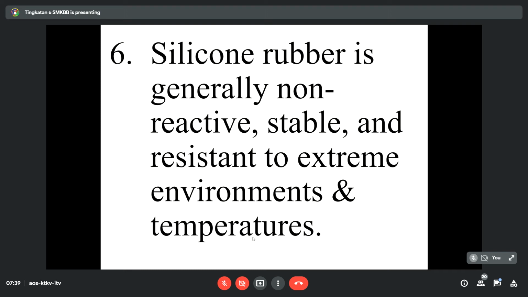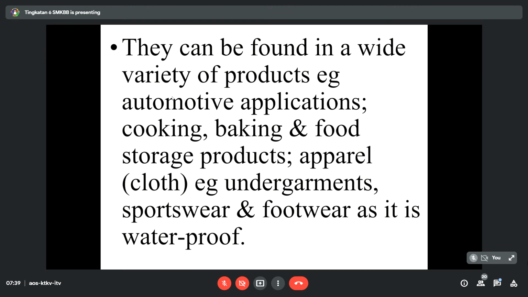If you check the rubber, they can be found in a wide variety of products, like you use them to make automotive applications, like hose, or use them to make cooking or even baking and food storage products, containers, even use them to make clothes, like maybe undergarments or underwear, or even some sportswear, shoes, footwear, because it is waterproof. So they may all contain silicone.